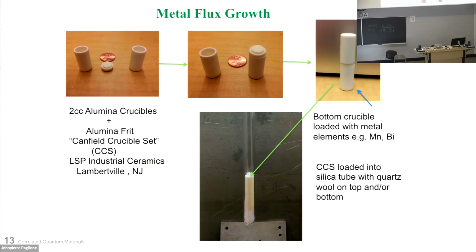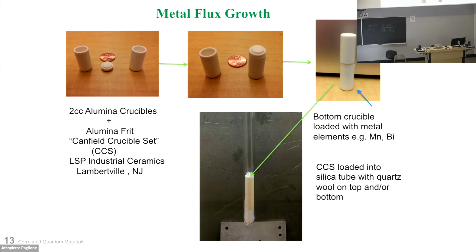So metal flux growth, this is kind of my favorite technique because it's quite versatile. You can do a lot of different things. And so this is typically what we start with. This is the penny again, so you can see how big these things are. These are about 2 cubic centimeter aluminum oxide crucibles. There is a ceramic piece in the middle, which has a bunch of little holes in it.